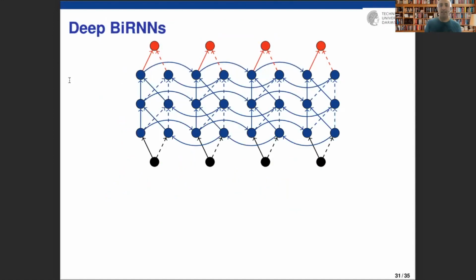The other extension is a deep bi-RNN. So you can have different layers of RNN. Instead of having one layer in the RNN, you can have several layers. The main idea is that you combine these hidden representations over each other, so it gets very complicated.